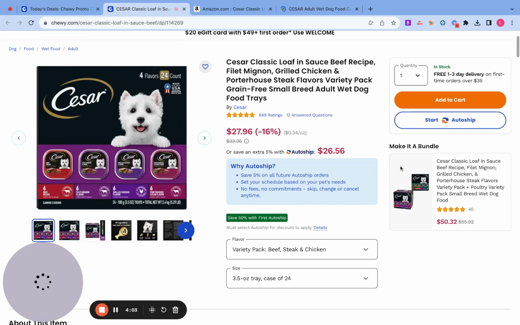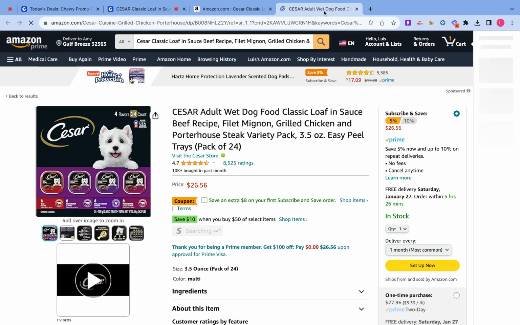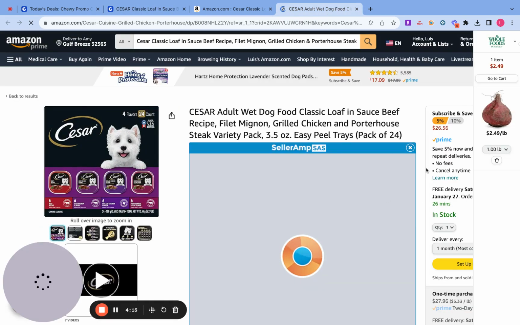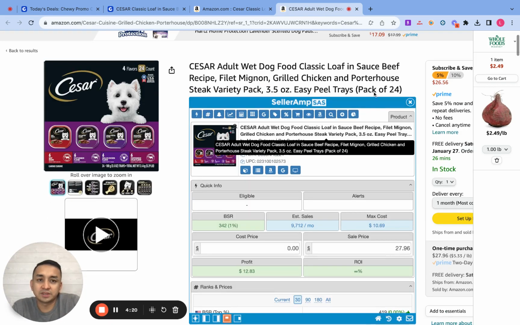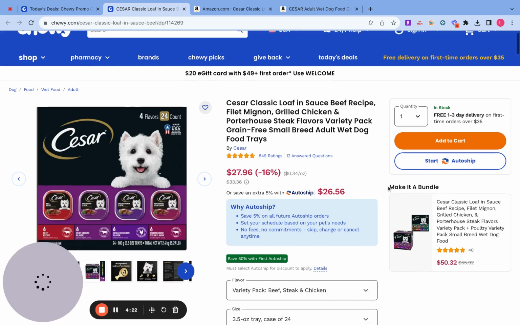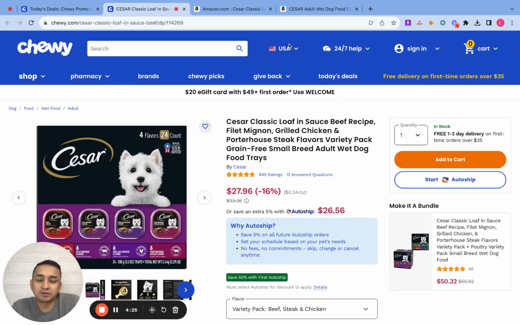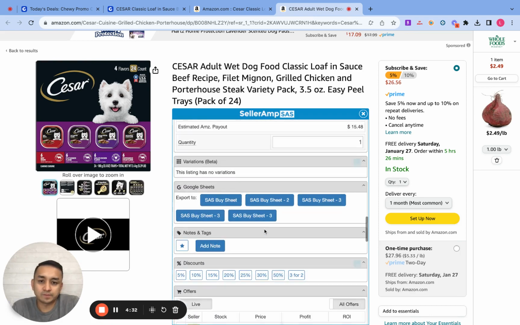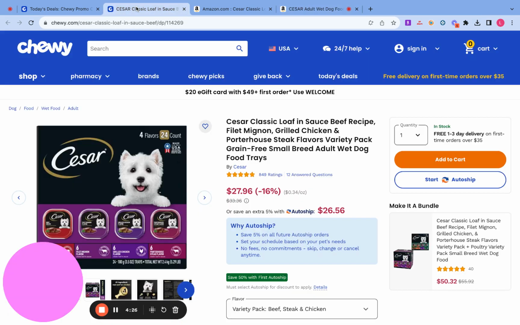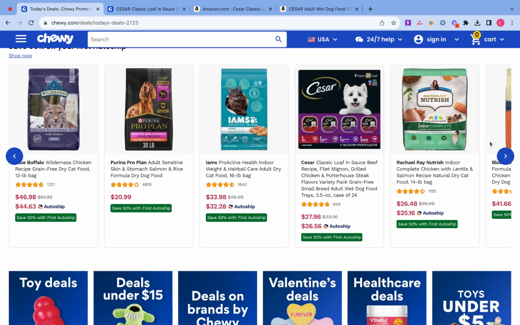But the problem with this is that it's not the exact same product. I'm sorry, it's not cheaper on Chewy. But let's double check. This one is $26 on Amazon. Is it the same one? Let's see, pack of 24, pack of 24. Okay, so $27.96 is the price of this one. Yeah, it's negative also, so I would look for another product.